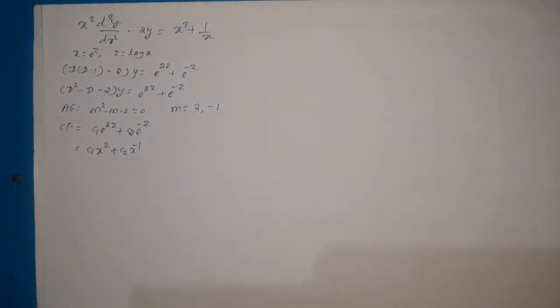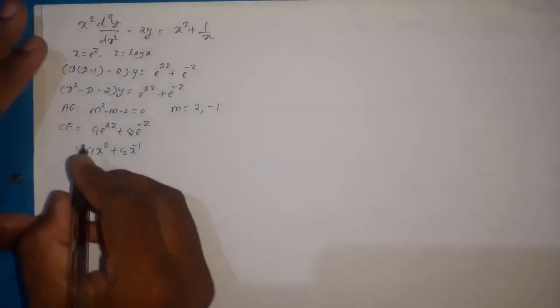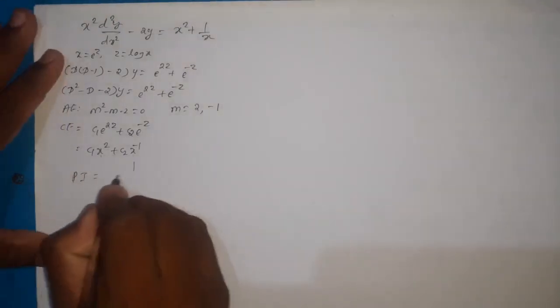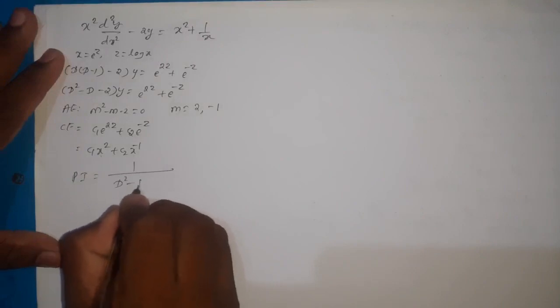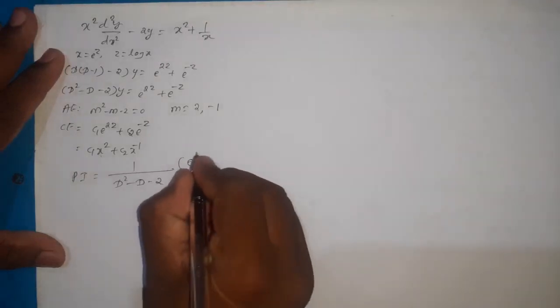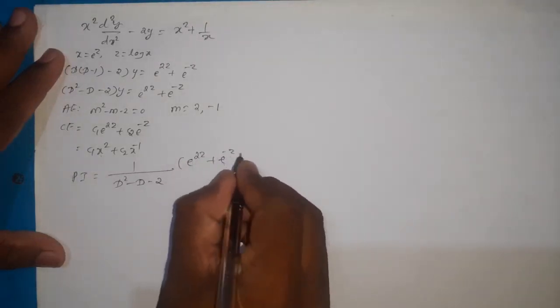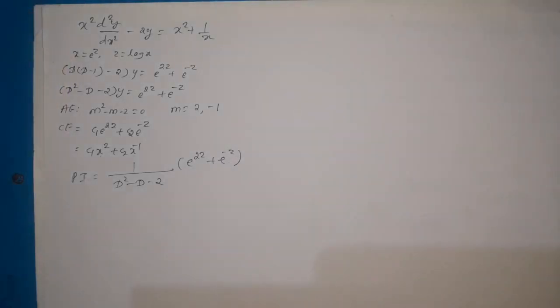Now go for the particular integral. So particular integral equal to 1 divided by D square minus D minus 2 of e power 2z plus e power minus z. So here we have two functions, then we need to split the denominator for each one.